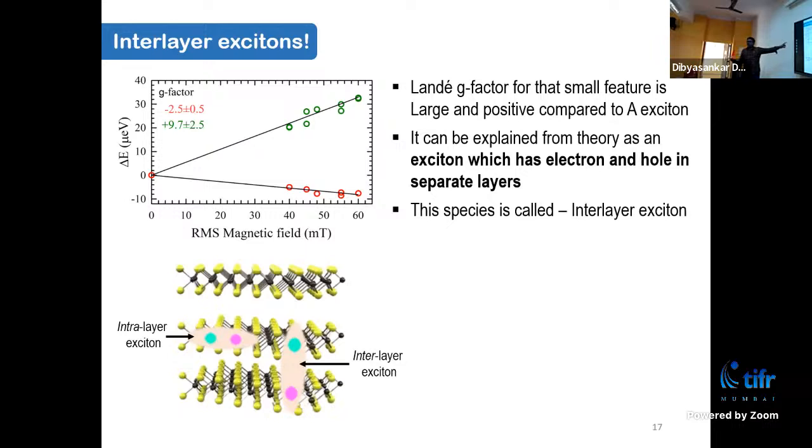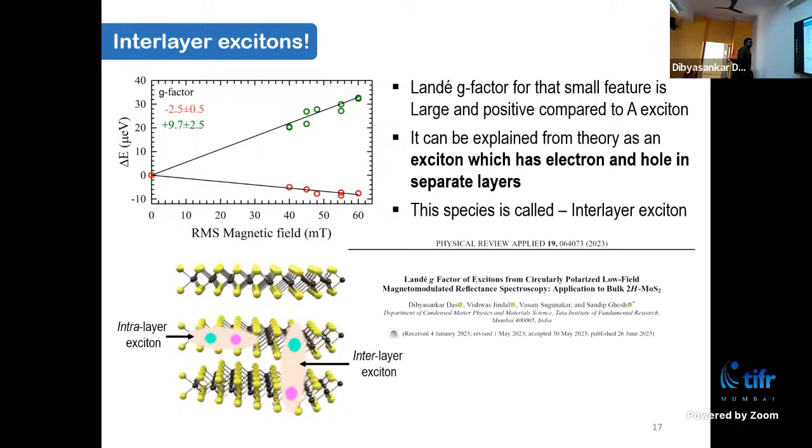So once we got this result, we are sure that this A star feature, whose origin was debated, can now be assigned to the interlayer exciton. Who knows, maybe 10 years down the line this will be proved wrong, but till now, what we understand is that the A star feature is because of this interlayer exciton.